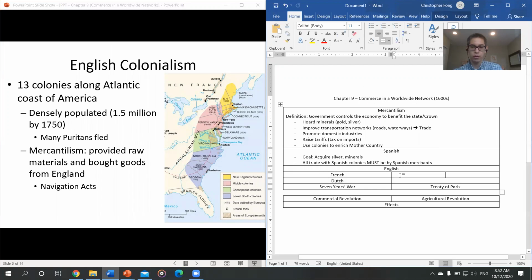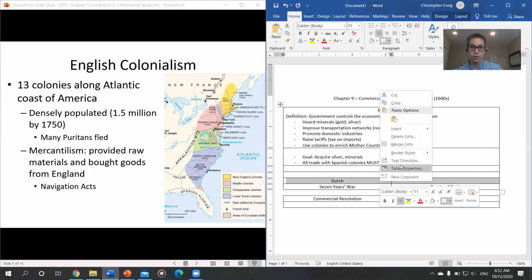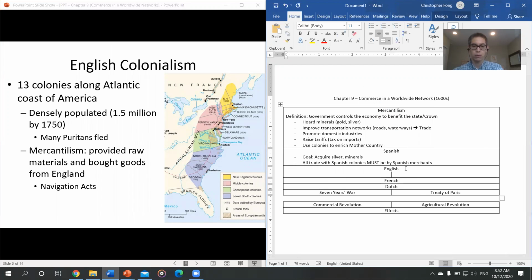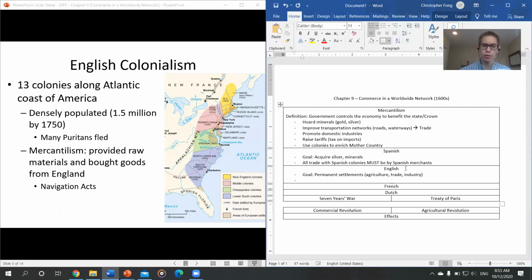The goal of English colonialism was to create permanent settlements. And so they're going to have lots more agriculture, trade, industry, and not just showing up to get silver and then leave. But they did have an example of mercantilism here.